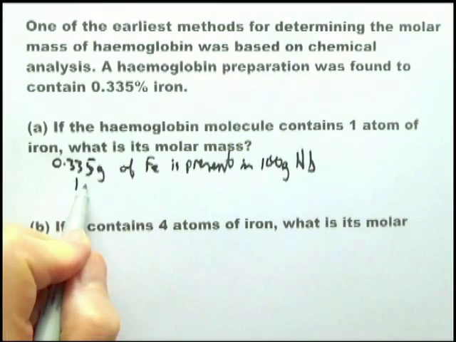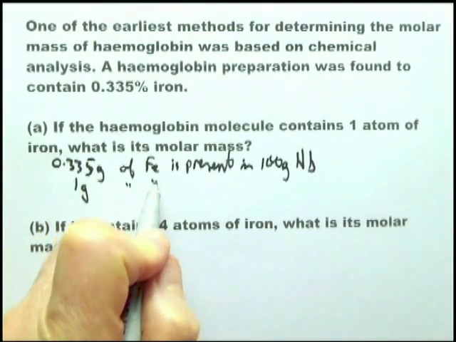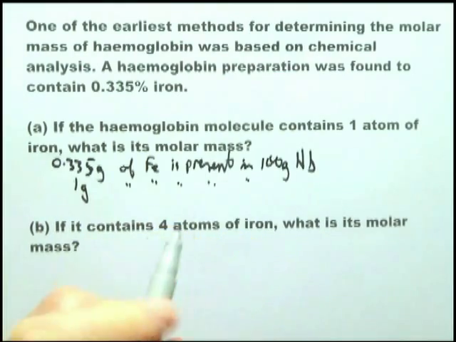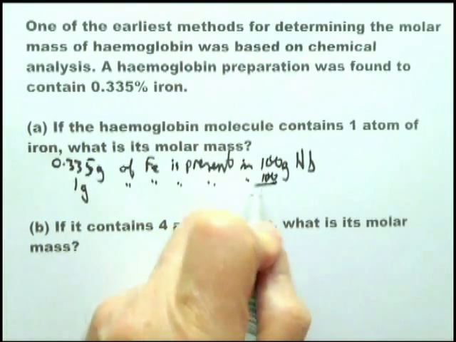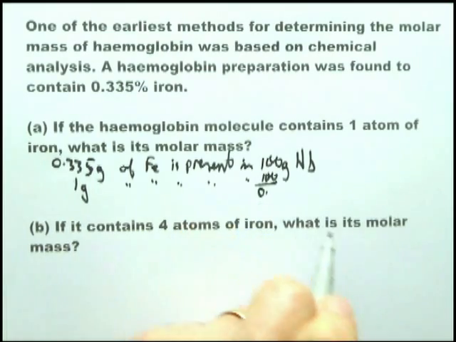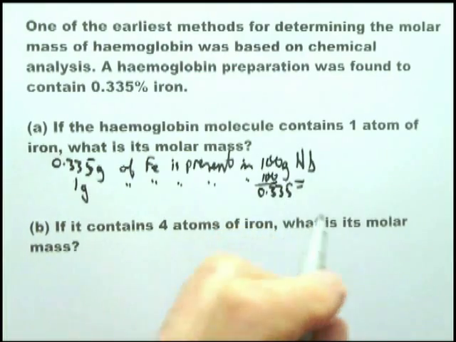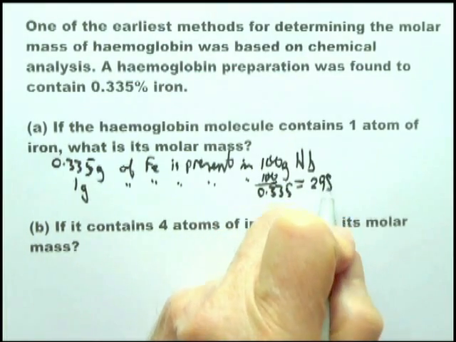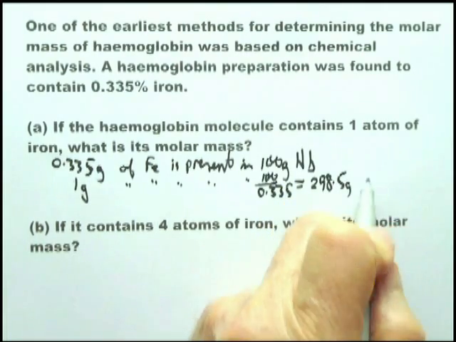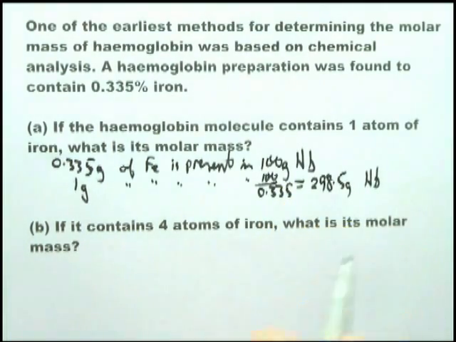Then I'll go to 1 gram of iron is present in, and that's 100 divided by 0.335, which equals 298.5 grams of hemoglobin. They ask for 1 atom of iron.